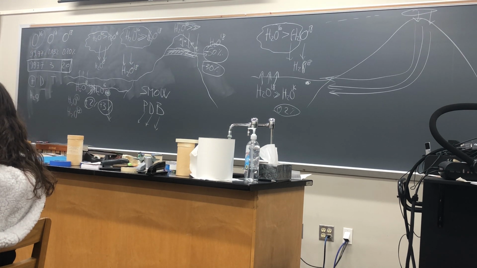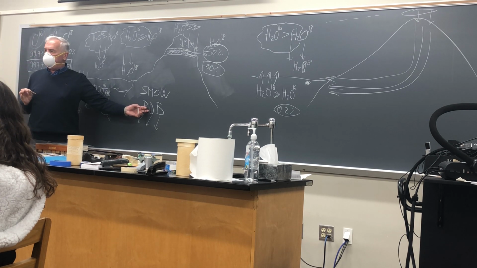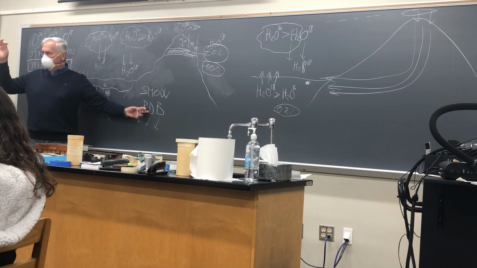So this is belemnite. It's made of calcite. This is one of the few cephalopods made of calcite because most of them like aragonite. So this calcite has a very unique value. Cretaceous was a time of very hot climate.